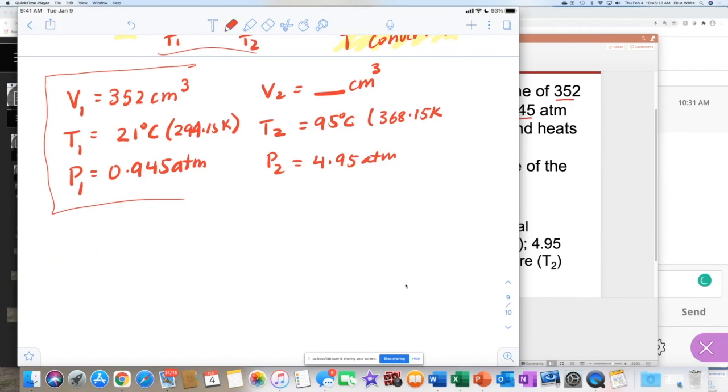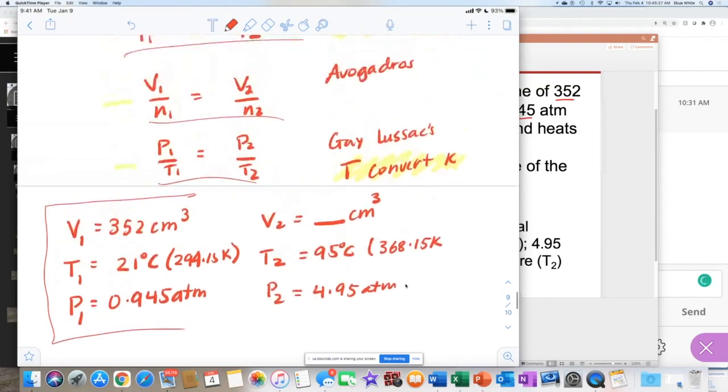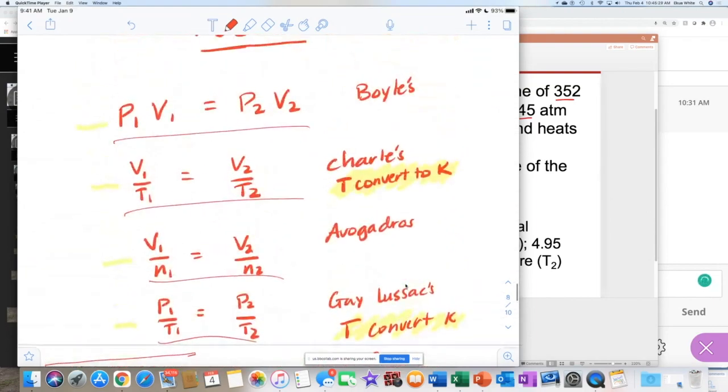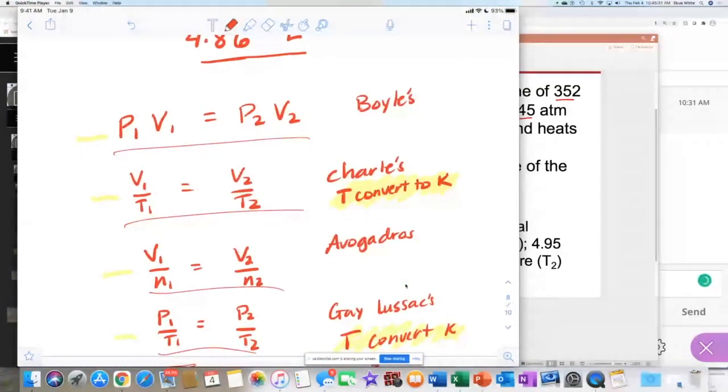Okay, since I have P, T, and V, what equation do I use? I'm assuming you guys have these written down, right? I gave you the individual ones, but if I use this one, I'm only dealing with P and V. What about T?